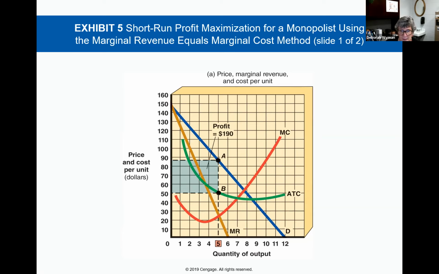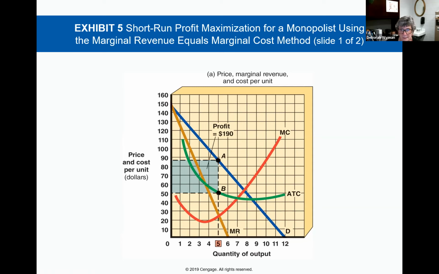And the maximizing price is $88 because that's where the demand line is at 5. So you would just follow right up to the demand line from this intersection here.